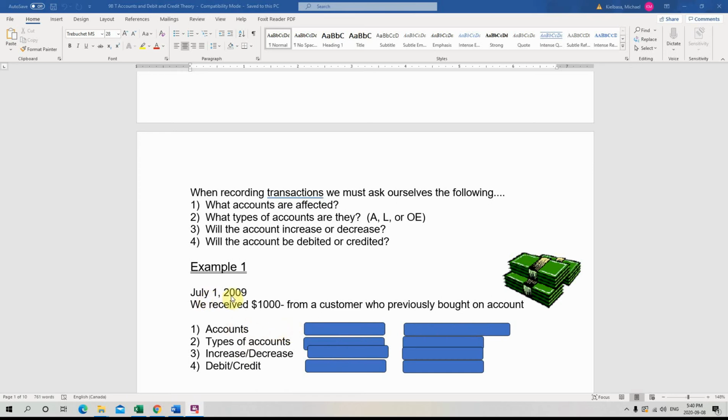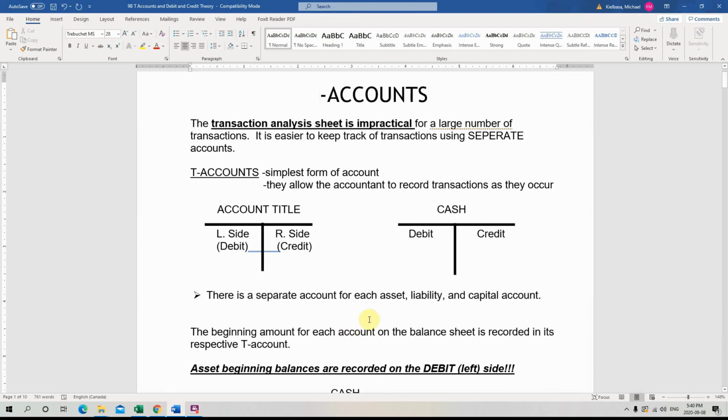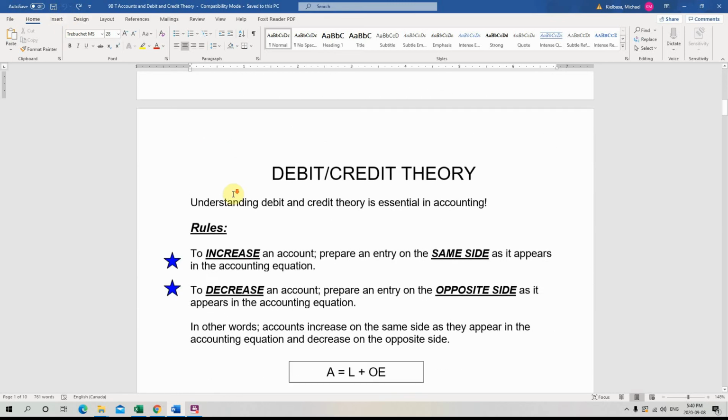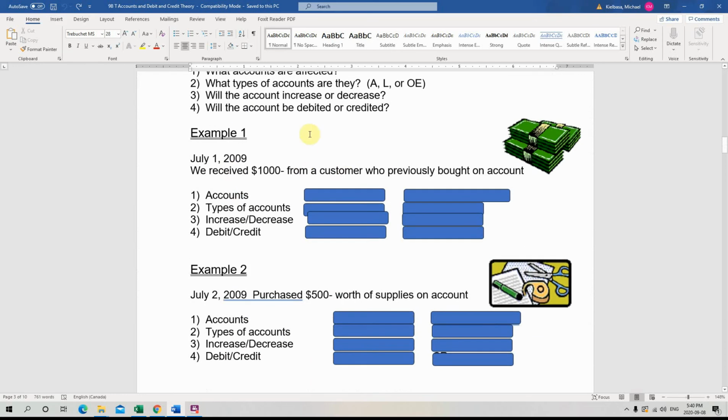Let's suppose on July 1st, we receive $1,000 from a customer who previously bought on account. What accounts are affected? One is cash, and the other one is accounts receivable, because now they owe us the money.